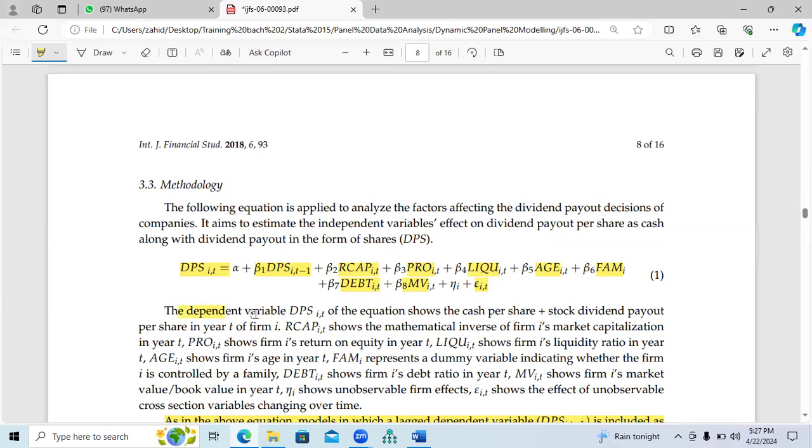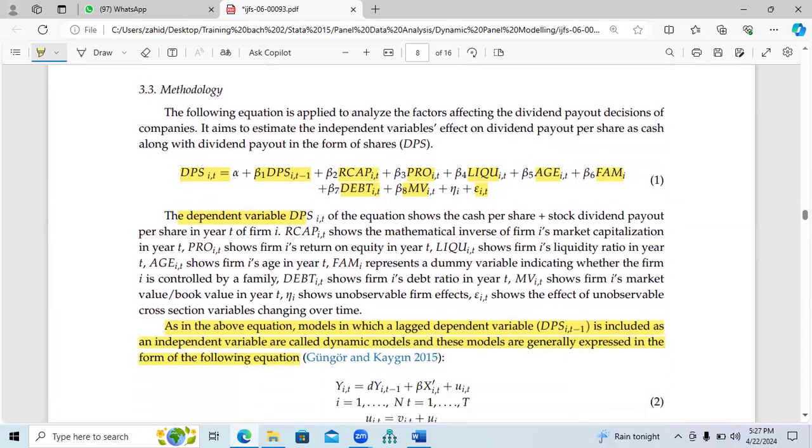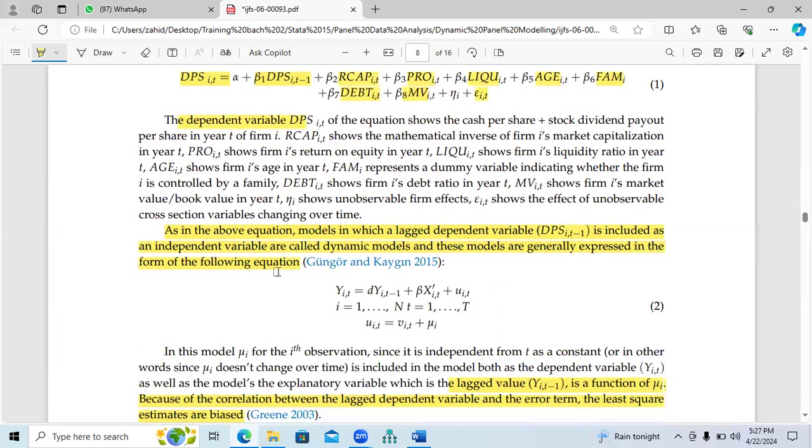The dependent variable is DPS, and they have mentioned: in the above equation model, in which a lag dependent variable DPS IT minus 1 is included as an independent variable, is called a dynamic model.